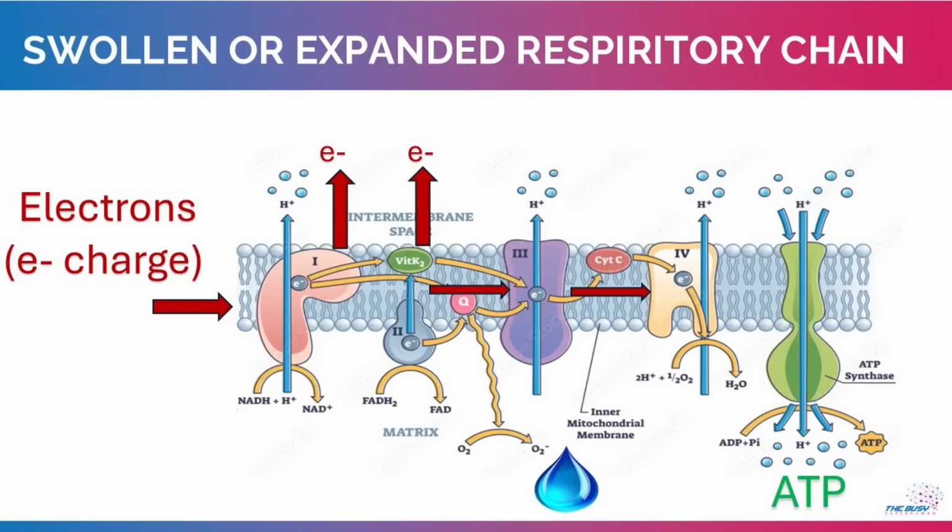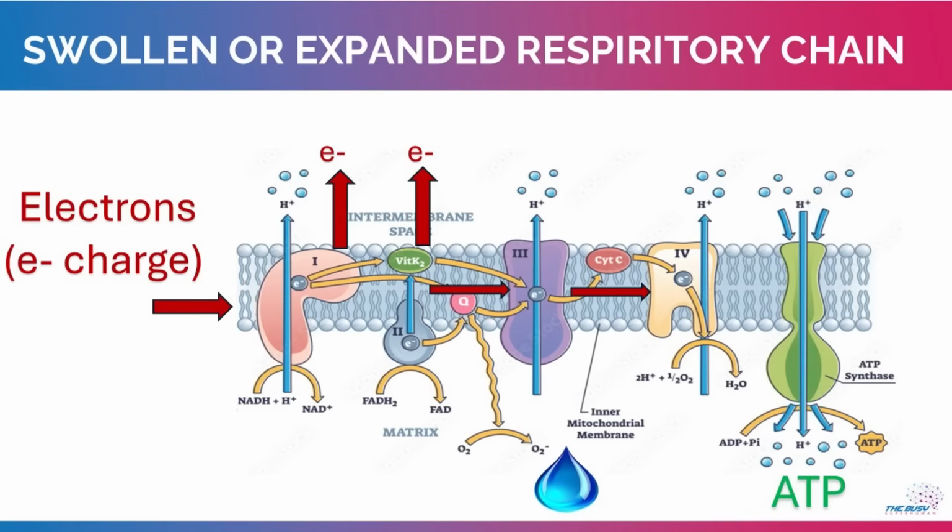If we think about it using time as an example, if the complexes are spread out because the membrane's expanded or swollen, it's just going to take longer for the electrons to complete their journey. And this is going to result in less energy efficiency and more electrons being lost on the way. Because in simplistic terms, we can think of current and water flow, and also people a lot of the time, as wanting to always take the path of least resistance.